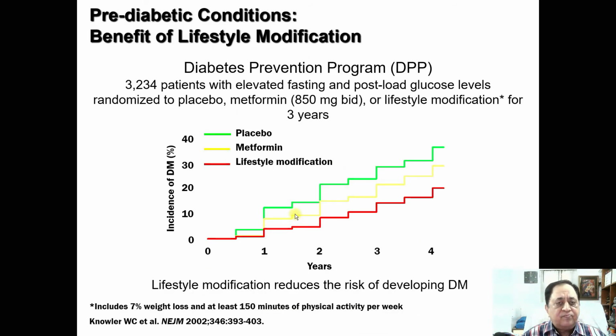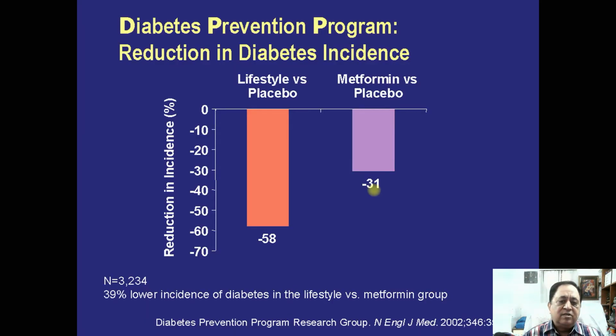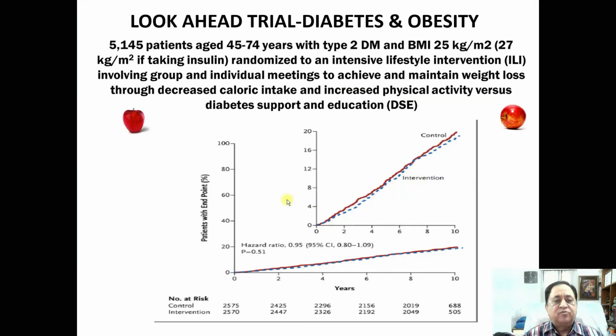So lifestyle modification has been shown to be more beneficial than metformin in a 3-year study, the Diabetes Prevention Program, which is a very celebrated, well-known study. So 58% reduction in diabetes was achieved with lifestyle versus placebo, and with metformin versus placebo, 31% reduction was achieved in the Diabetes Prevention Program.